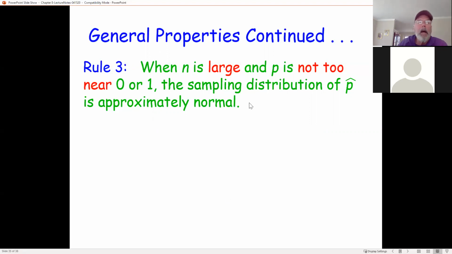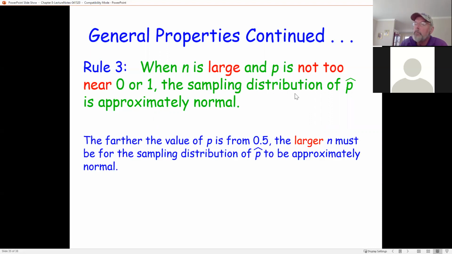We had a proportion of 0.437, and that was not so near 0 or 1. It was more in the middle. In that case, the sampling distribution can be considered approximately normal.